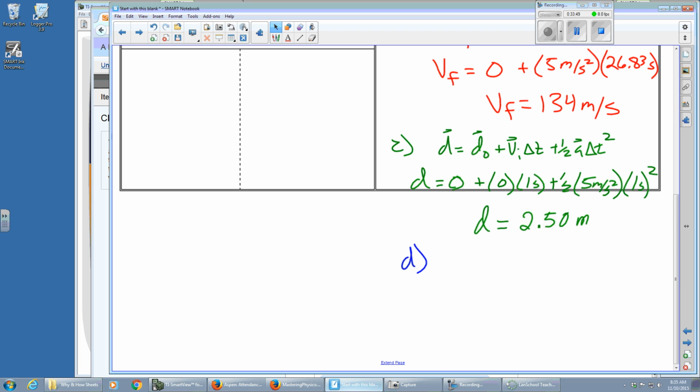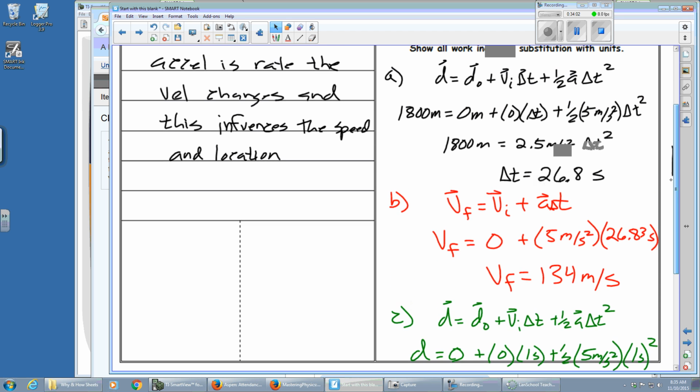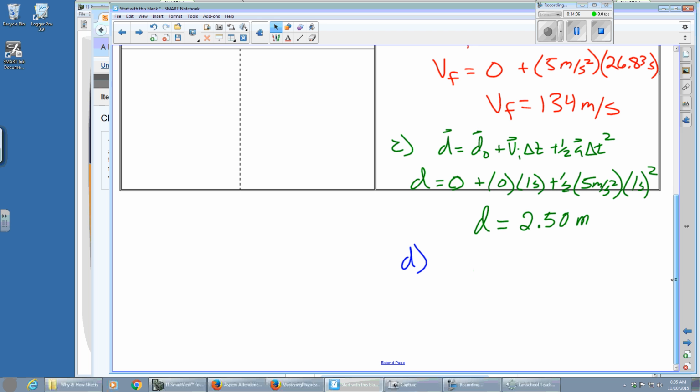But if I use the same equation, I need a v_initial. And let's see what information I have. I have the v_final, right? And I have the time. So what I need is a v_initial for that segment.